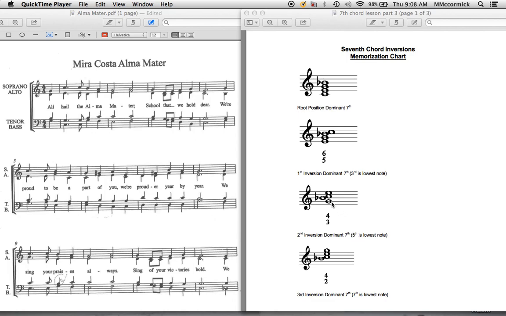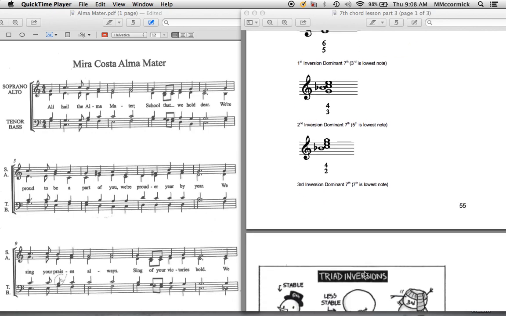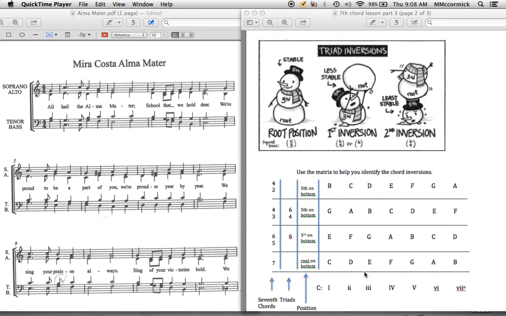There's the G, the fifth of the chord, C, E, G. And then finally, 4-2 is the symbol we use to represent the third inversion chord when the seventh of the chord is in the bass. There's the B flat, the dominant seventh. Okay, so there's a review of the phone number: 7-6-5-4-3-4-2.